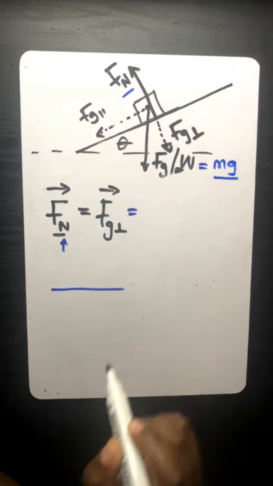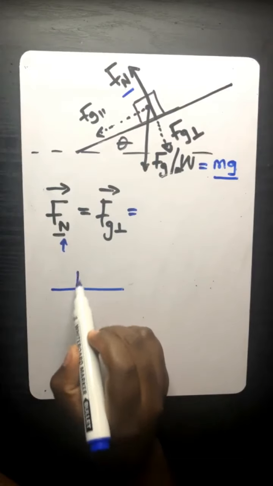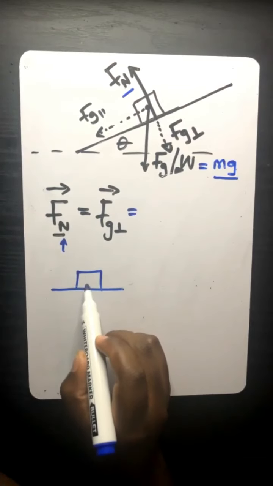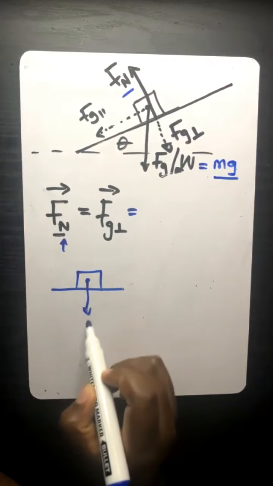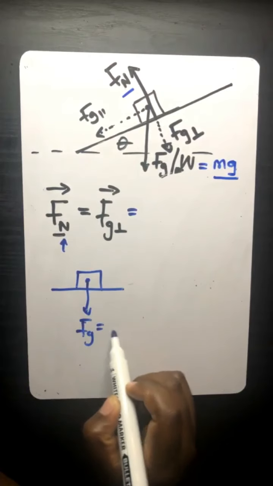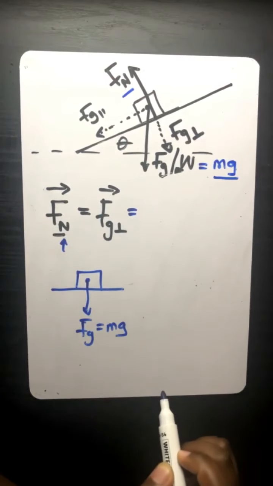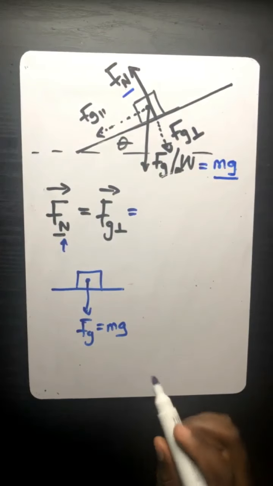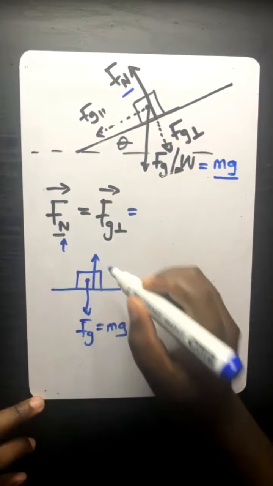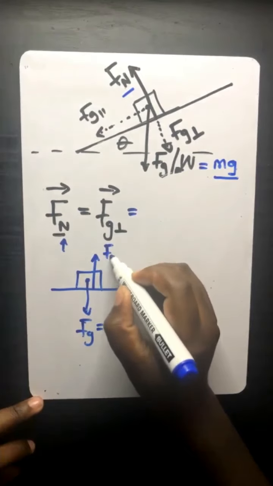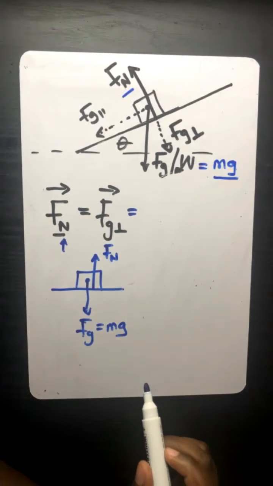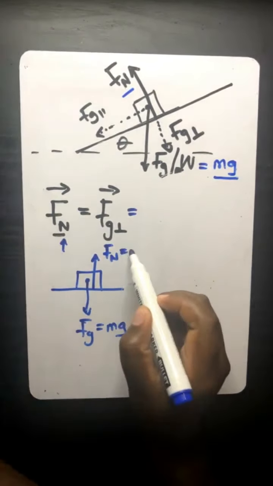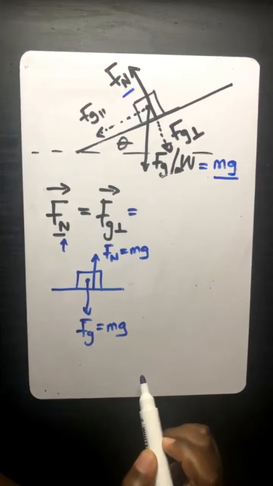You have this one which is a horizontal surface, with an object on it. So obviously you are going to have force of gravity. Remember, force of gravity is equal to mg, right? So now on the same object you still have normal force. So what is the formula for normal force? Normal force is the same as that mg, guys.